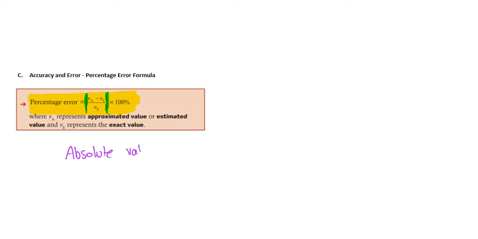And when we're talking about absolute value, the value inside the vertical bars is always or becomes positive. So it's really important that we recognize that the final answer for percentage error can never be a negative number. It's always just a positive number.